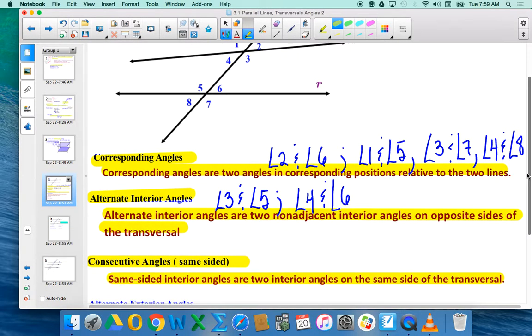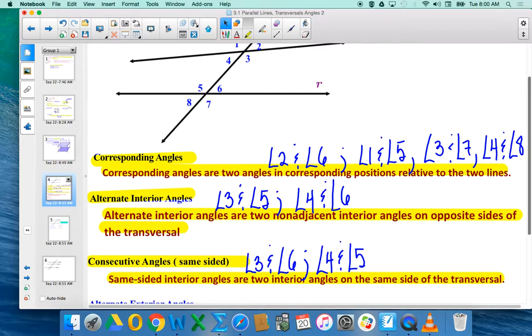So what would that be? Well, they're on the same side. So angle 3, and they're on the interior. So what would it be? Angle 6. Good. And then angle 4 and angle 5. I like to call them same-sided interior, but sometimes we call them consecutive.